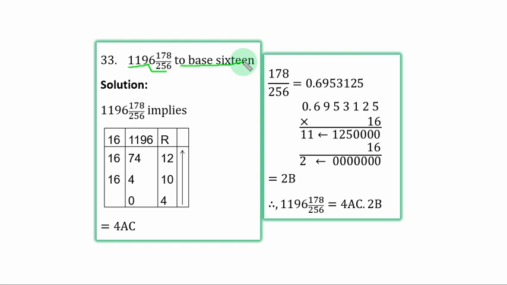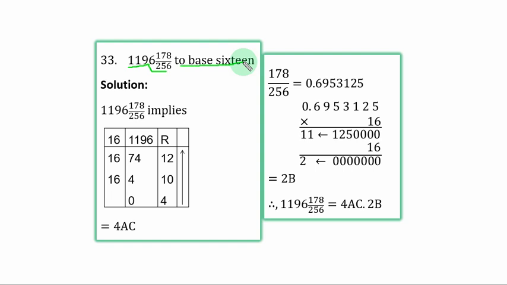We take the same approach here, where you convert the whole number parts to base 16 by continuous long division, and you convert the fractional part to base 16 also by continuous multiplication until the last result is 0.